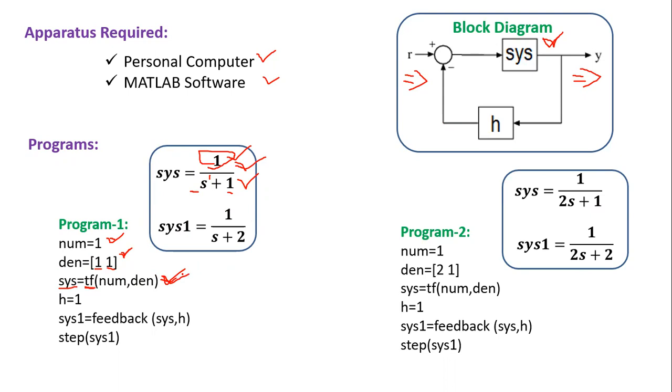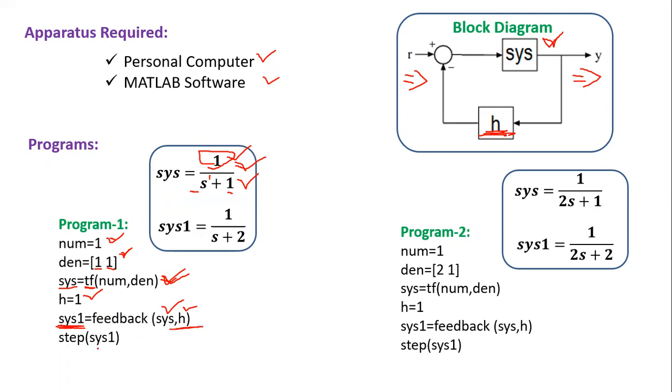For that, we need to add a unity feedback element. We assume the unity feedback element as H, and for unity feedback, H equal to 1. The combination of the existing system and this feedback element gives a closed loop system, which we call SYS1, equal to feedback of the existing system SYS, comma, feedback element H. With this we get the closed loop transfer function.